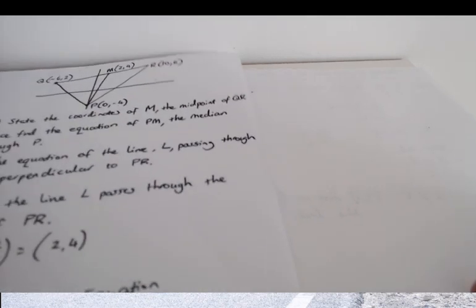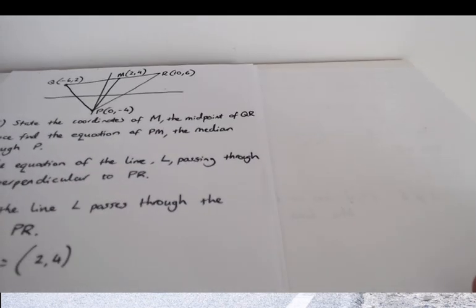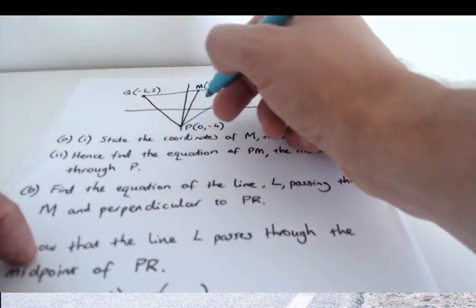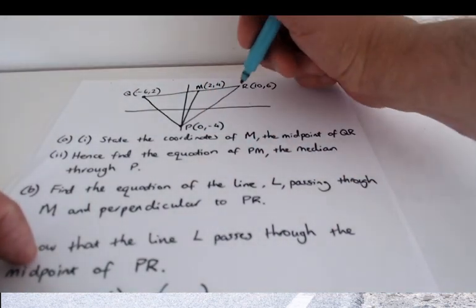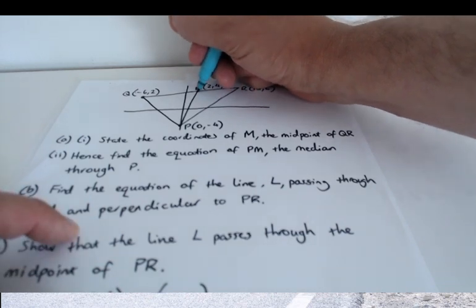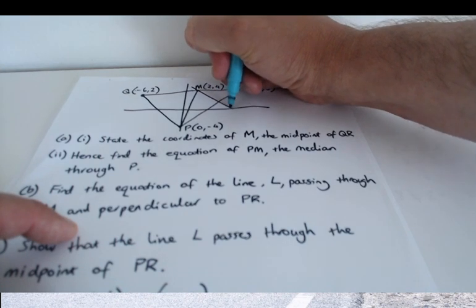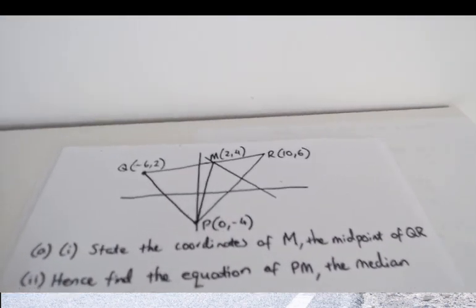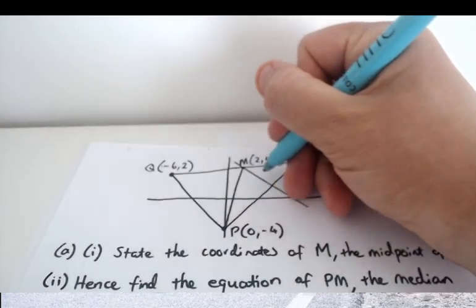Right, B. Find the equation of the line L passing through M and perpendicular to PR. Okay, so it's not been drawn for us on here. So it's perpendicular to PR, so crosses at a right angle and goes through the point M. So it would look something like that. You're having to find the equation of this line here.